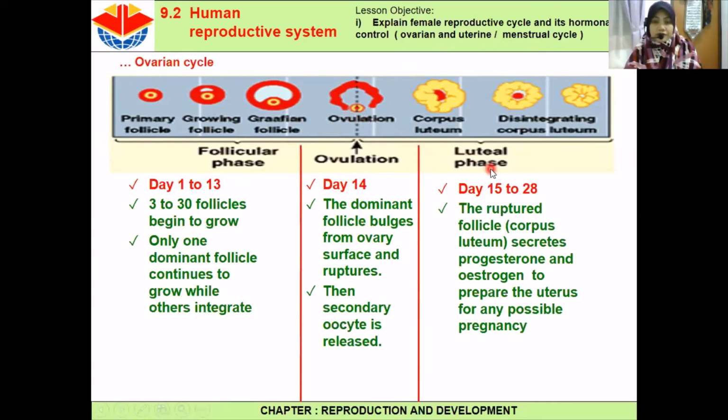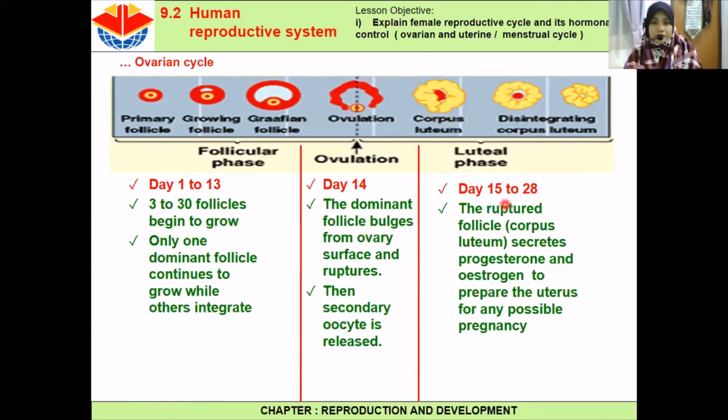So the luteal phase generally occurs between day 15 to day 28. So at this luteal phase, the ruptured follicle becomes the corpus luteum. Ruptured follicle yang warna merah ni become corpus luteum, or the remaining follicle transforms into corpus luteum. So this corpus luteum secretes progesterone and estrogen.